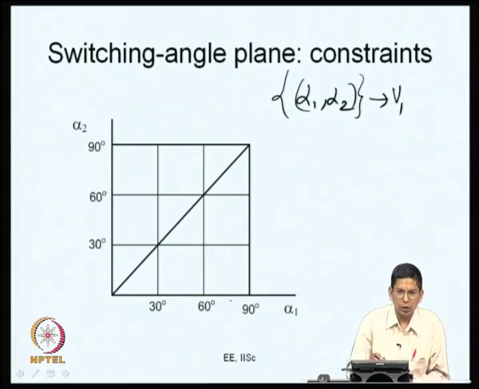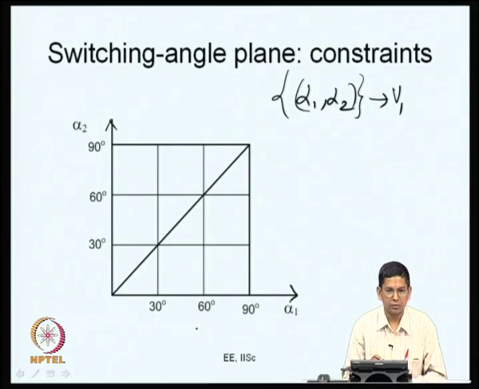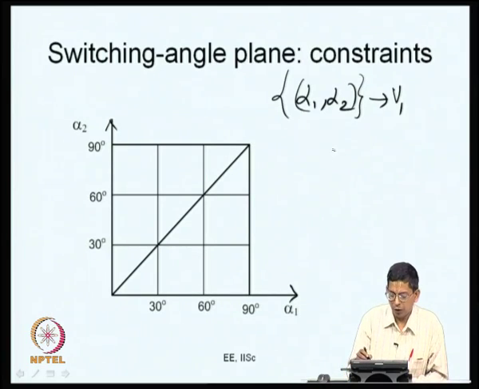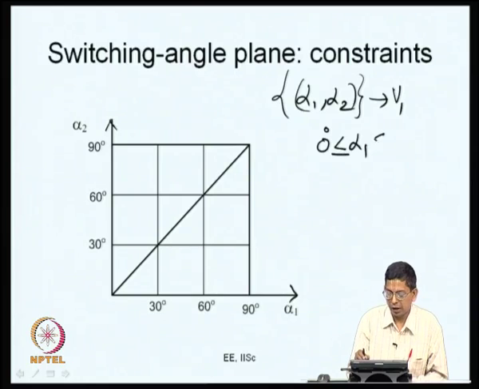So, let us look at the whole thing in a switching plane, where alpha 2 is taken on the vertical axis and alpha 1 is taken on the horizontal axis. In this switching plane, we are not going to consider the entire plane, because alpha 1 is restricted in its range. If you take alpha 1 individually, alpha 1 can never go less than 0, and alpha 1 can never go greater than 90 degrees.